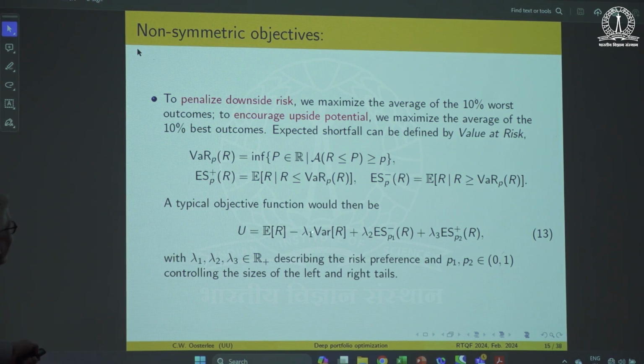And we have three parameters, lambda 1, lambda 2, and lambda 3, and they describe the risk preference of an investor, so how much this should preferably shift to the right. That is governed by lambda 1, lambda 2, and lambda 3. P1 and P2 are in (0, 1), and they control the size of the left and right tail.